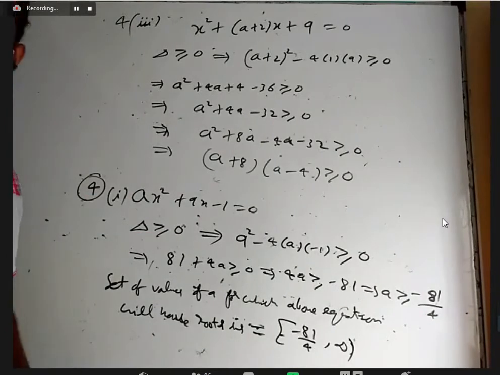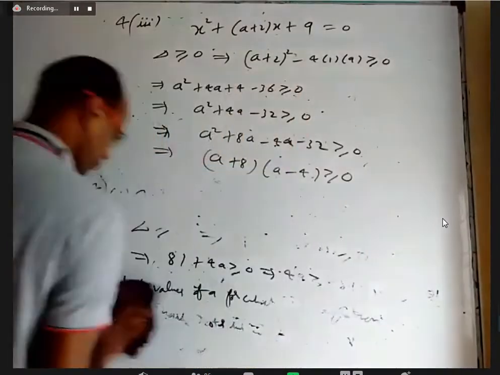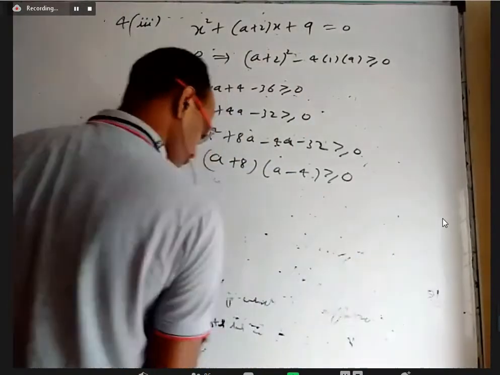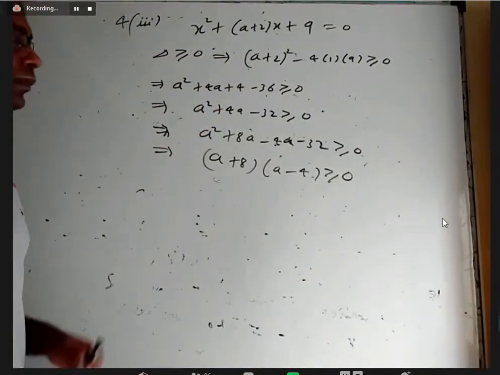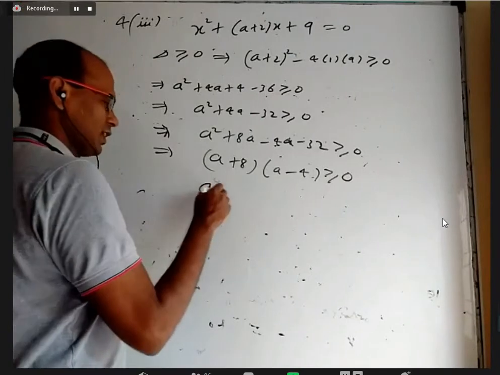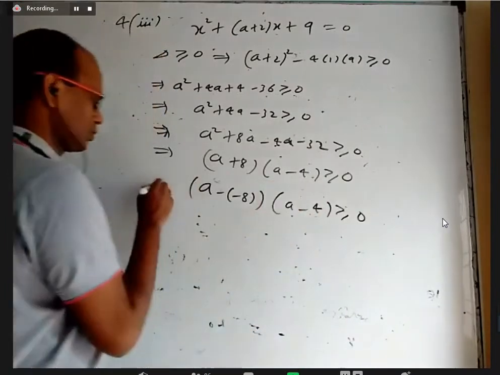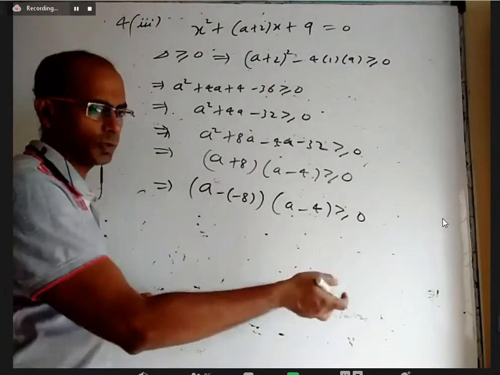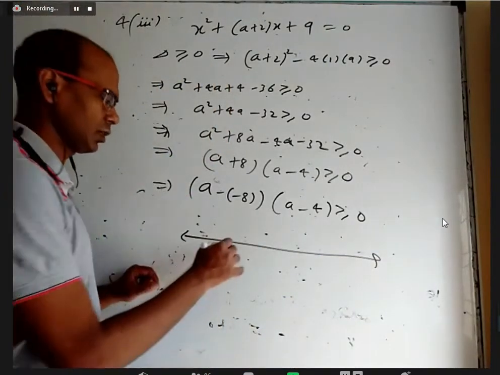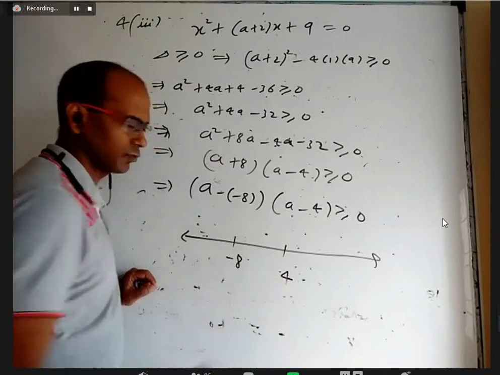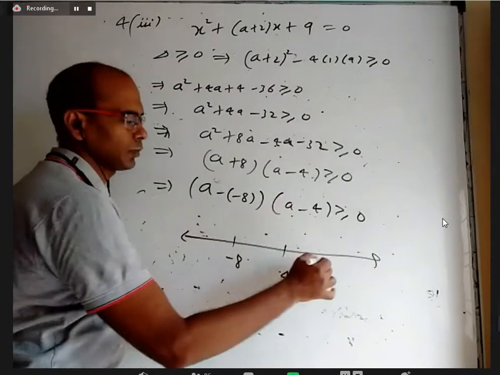Now this is a quadratic inequality. So this is (a minus minus 8) into (a minus 4) greater than or equal to 0. The product is positive, so either both are positive or both are negative. Already we have done all that; we have drawn boxes, sign changes and all that. I'm going to write minus 8 and 4. Take any number more than 4 and substitute: this will be positive, this will be positive, the product will be positive.